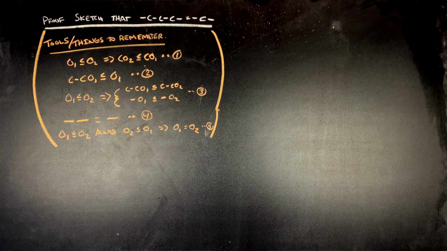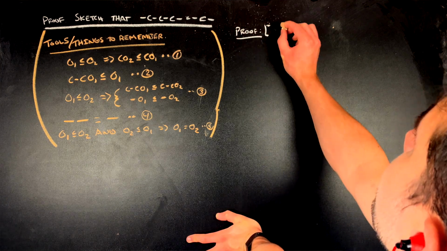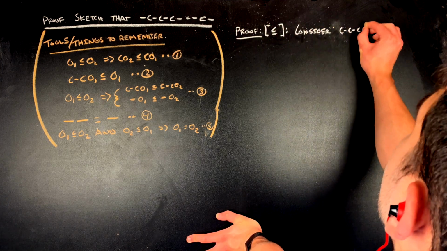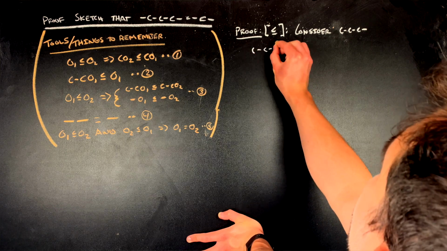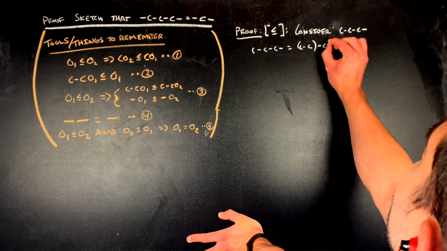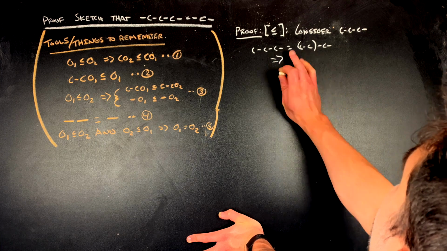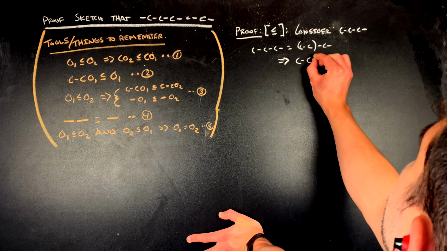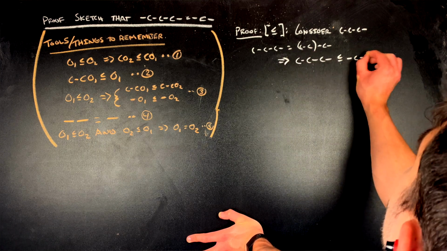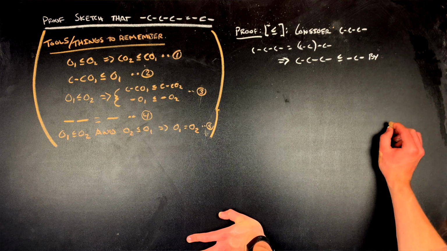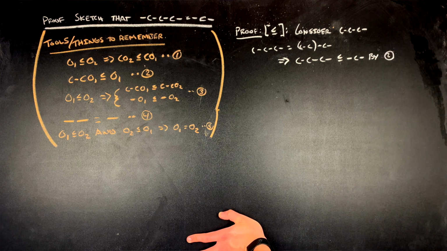So let's go ahead and consider the operation C bar, C bar, C bar. This is the same as the interior operation C bar C applied to bar C bar. So we have that C bar C bar C bar is less than or equal to bar C bar.